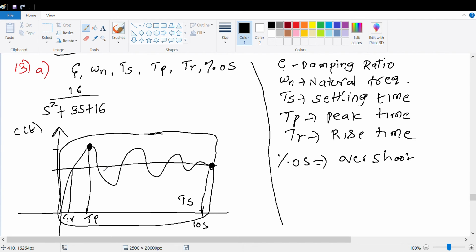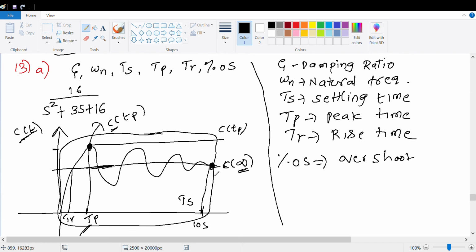And this is the final settlement, that means the value at which it settles, c of infinity. Infinity means time is large. This is the response c of t, and this is c of tp, that means c at time tp.